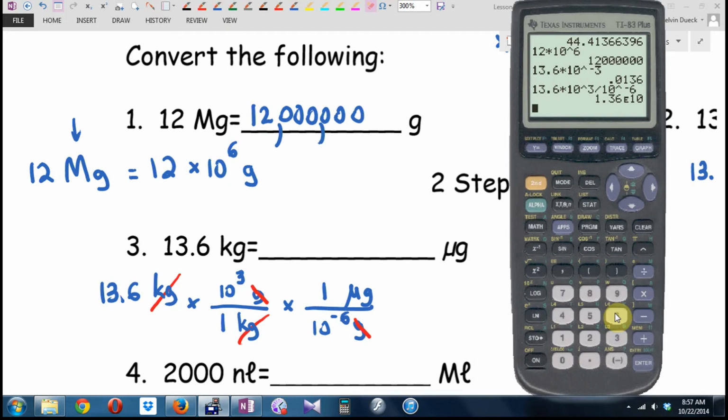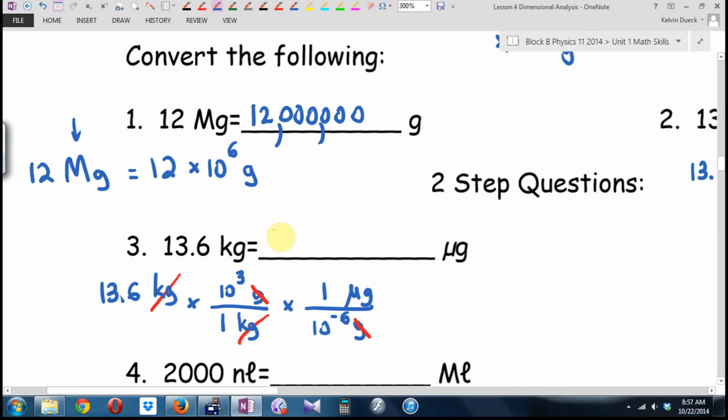On mine, whenever I see a capital E shrunk down like that, I know that stands for times 10 to the power of 10. 1.36 times 10 to the 10th micrograms. Anybody not get that on their calculator? And you should have the same power of 10?